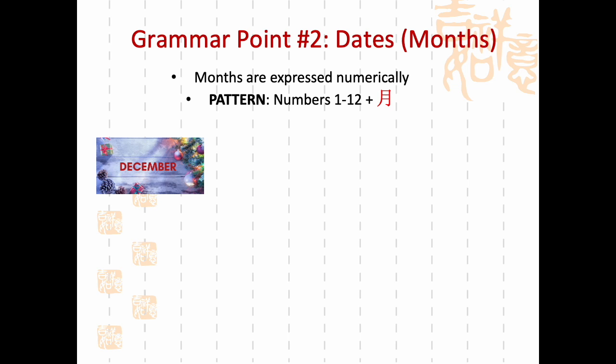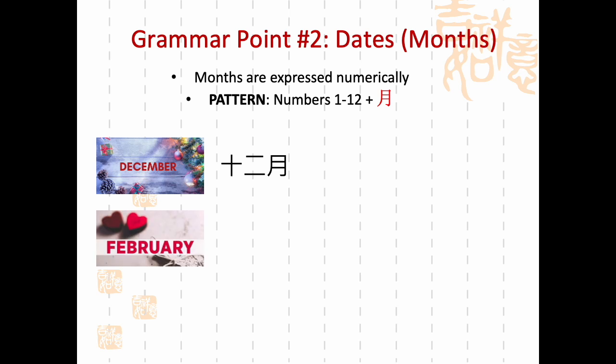So let's practice. How do you think you would say these months in Chinese? 很好. December is the 12th month of the year, so we would say 十二月. February, 中文怎么说? Since February is the second month of the year, we would say 二月.